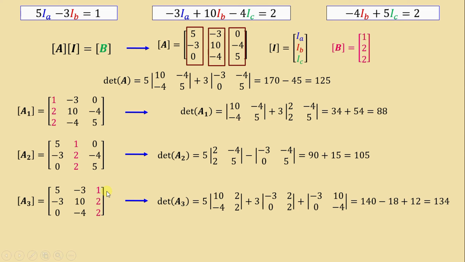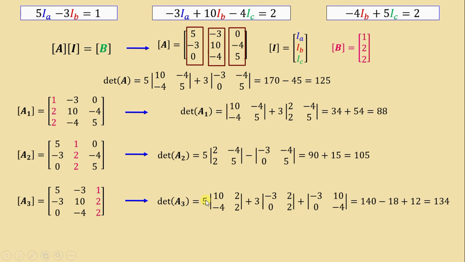We have 3, and we cancel the first row, second column. We obtain 3 multiplying by determinant of negative 3, 2, negative 3, 2, 0, 2. And the third one, we have 1, and we cancel the first row, third column, and we have determinant of negative 3, negative 4, and 0, 10.